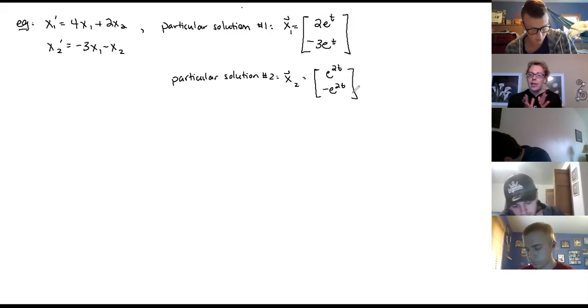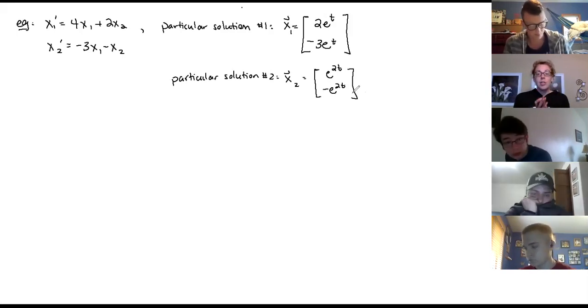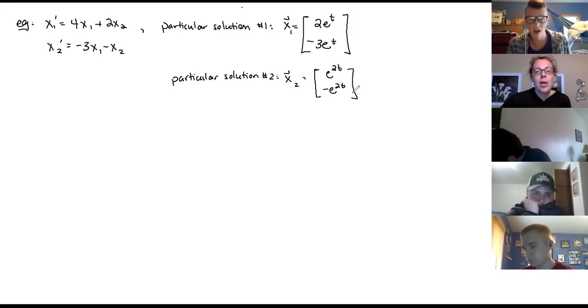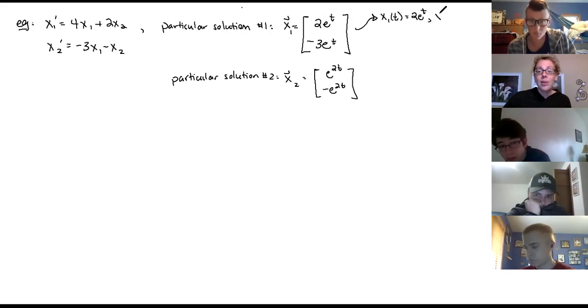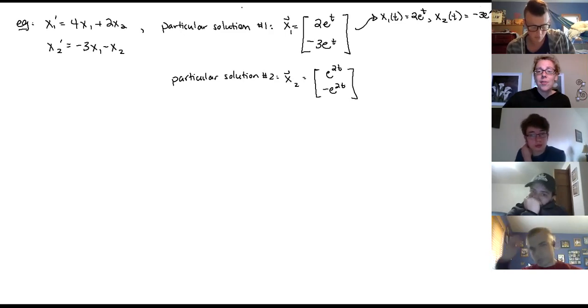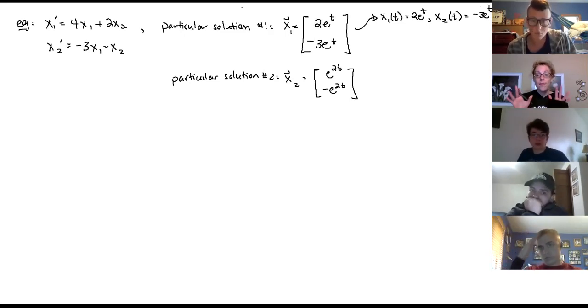The subscripts are easy to get confused. So you've got to be careful about whether you have a vector and a subscript or not vectors. So in other words, for this first one up here, I have two solutions, right? x1 of t without a vector is 2e to the t, and x2 of t is negative 3e to the t without vectors.